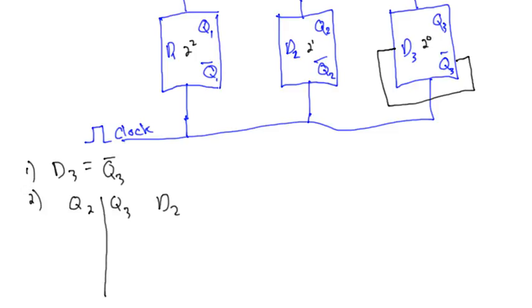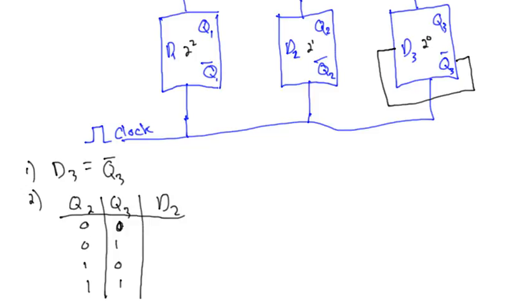So here's our little truth table. 0 0, 0 1, 1 0, and 1 1 are the possible current values. If this is what Q2 and Q3 are, then what I want them to be on the next clock pulse is just the next line in here, and Q2 becomes whatever D2 is.